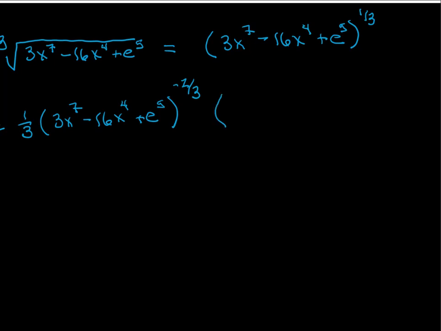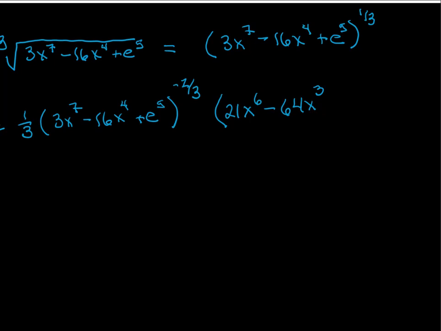Now, times. What comes next? Now we do the derivative of the inside step by step. The derivative of 3x to the 7th is going to be 21x to the 6th, minus the 16x to the 4th is going to be 64x cubed. What's the derivative of e to the 5th?